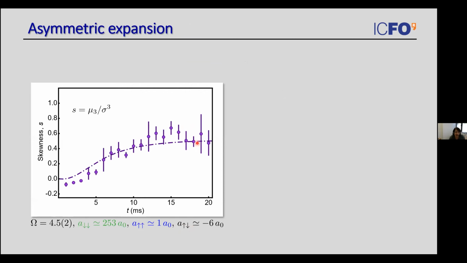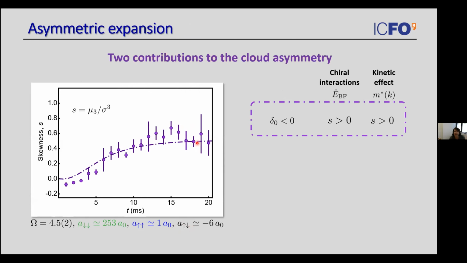So you could think, okay, that's it. That's the density-dependent electric field. Actually, things are a bit more complicated because there are two different contributions to the cloud asymmetry, one from this electric field, but also one from kinetic effects, basically a momentum-dependent effective mass. So if you don't choose the detuning of your Raman field right, you can also completely cancel these two effects.